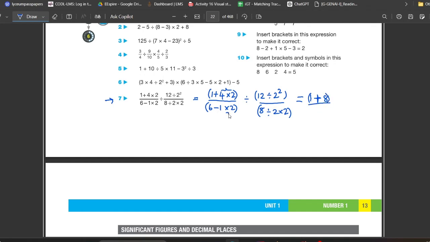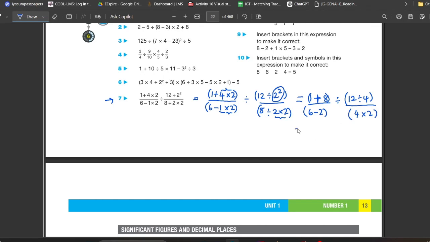In here also you have to do the multiplication first. 6 minus 2 divided by, here you have to do the indices or the power first. So 12 divided by 4, still the bracket is there, and here also multiplication and division, you can do the division first. That's also same. 8 divided by 2, 4 times 2.